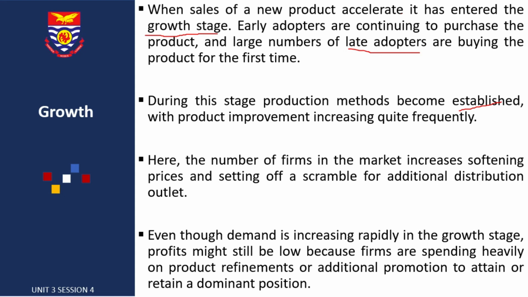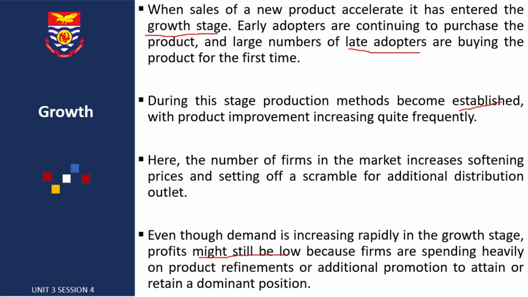Even though demand is increasing rapidly at the growth stage, profit might still be low because firms are spending heavily on product refinement or additional promotion to attain or retain a dominant position. One thing you should know is that at the growth stage, even though sales may be increasing, profit may still be low.